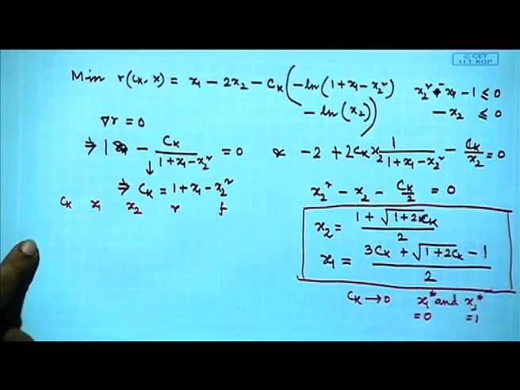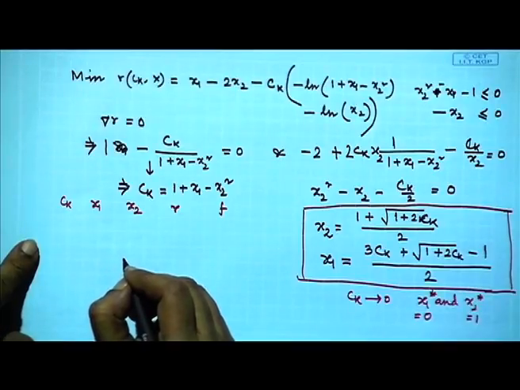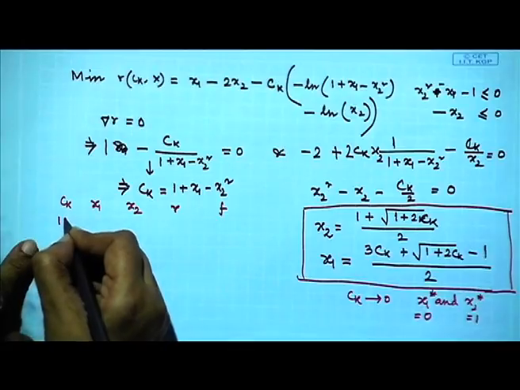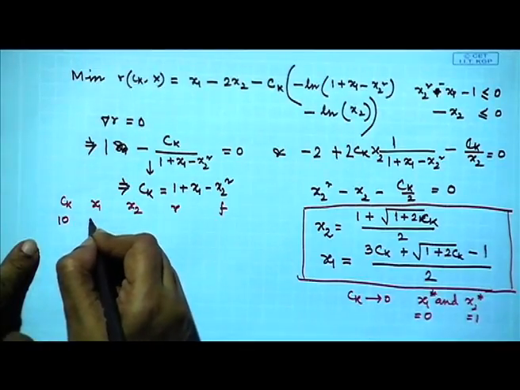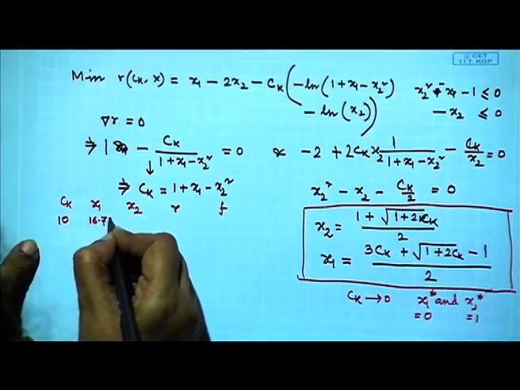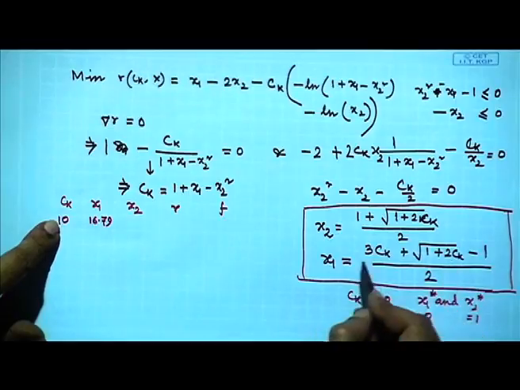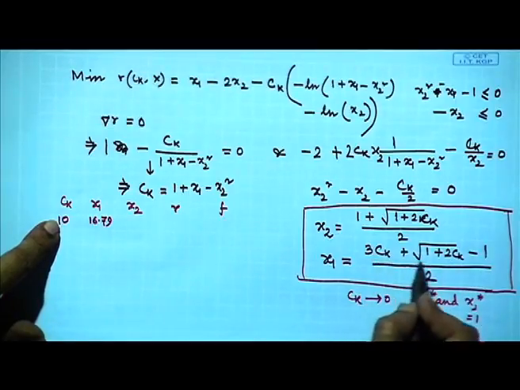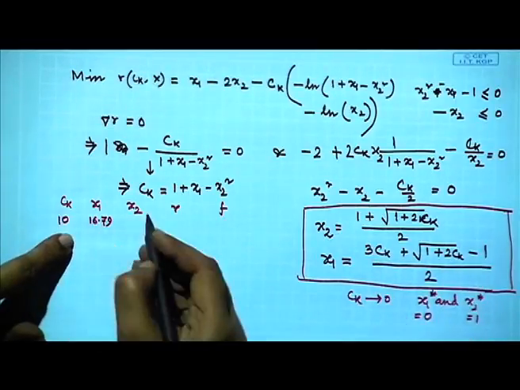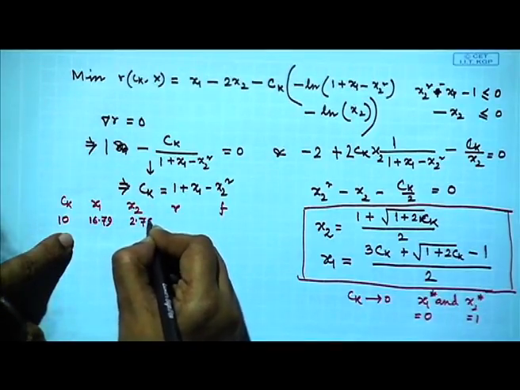Instead of that, if you consider different values of x1, x2 and ck starting from 10, we will see the value for x1 would be 16.79. If we substitute the value for ck here, then you will get the value for x1, and for x2 you will get 2.79.